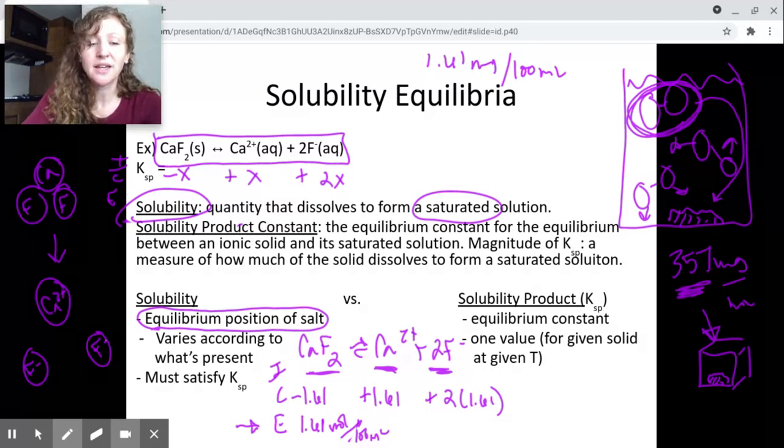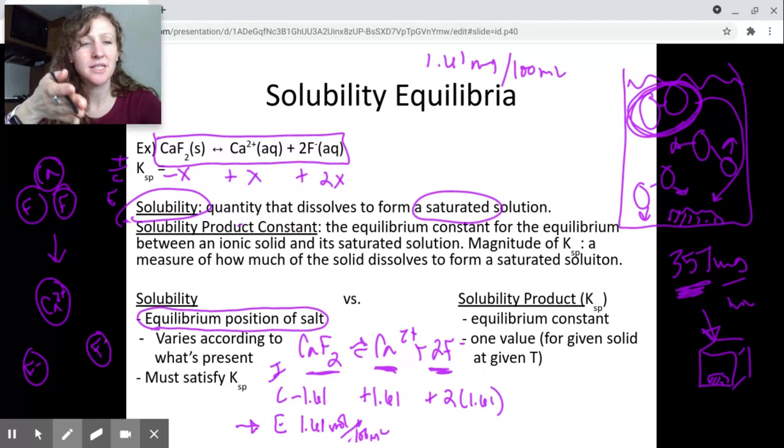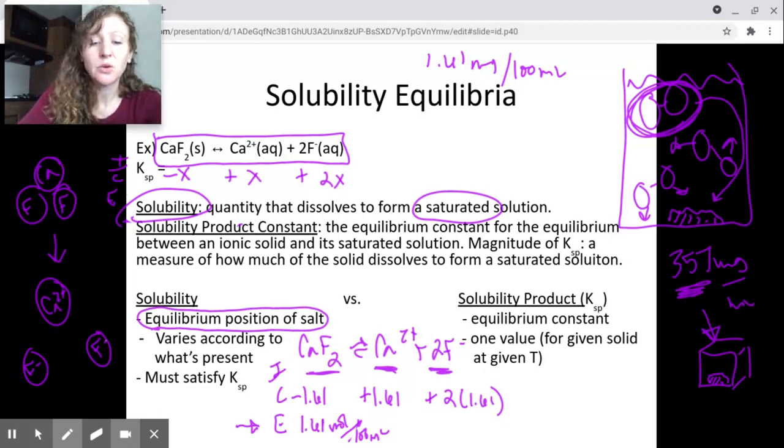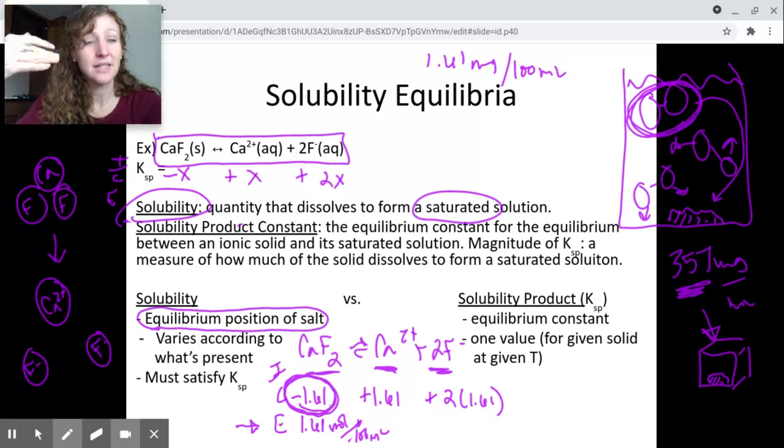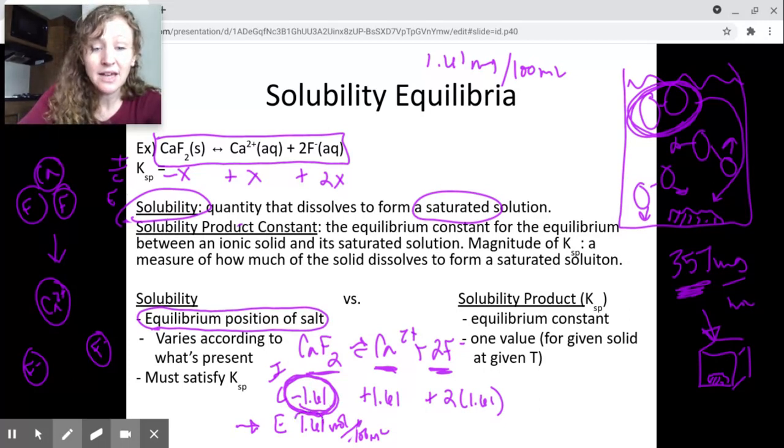So notice, again, let's return to this idea of what is solubility. When I communicate a solubility to you, it's going to be the amount of calcium fluoride, amount of your salt that you dissolve. What's my solubility? It's the quantity that dissolves in order to saturate a solution, which means it ends up as the equilibrium position of your salt.